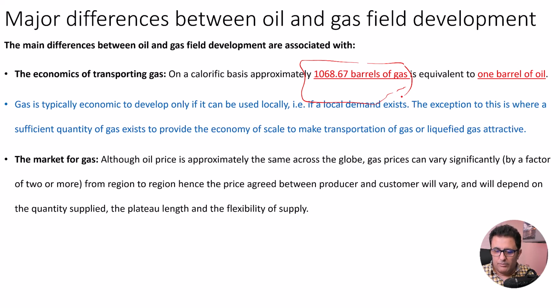For example, assume that you're in an area that has a lot of natural gas and the climate is very hot. So the demand for gas is not very high. On the other hand, the gas supply is very high. So in that area, the gas will be very cheap.